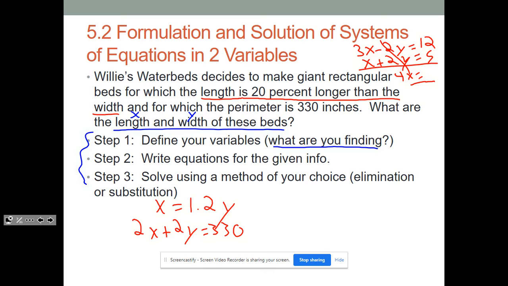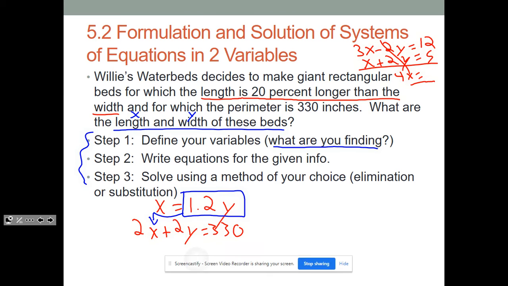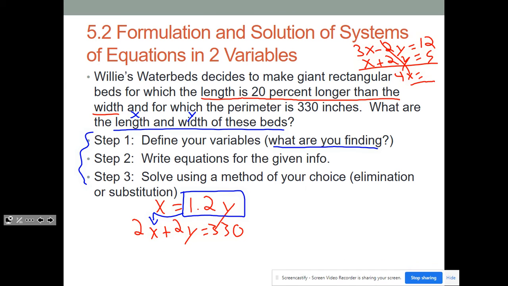We could put it all on one side and then do elimination, but in this case, it's easier since I have one solved already. Since this is solved for x, we'll substitute it for x. So we get 2 times 1.2y plus 2y equals 330. We just put in 1.2y for my x.